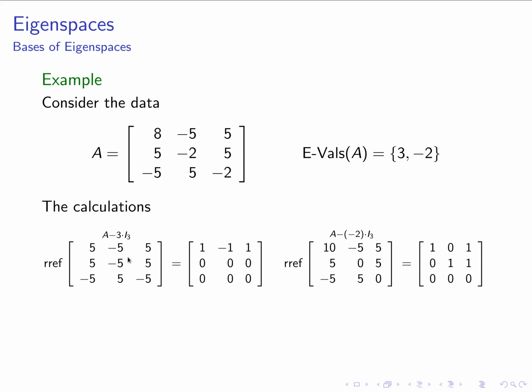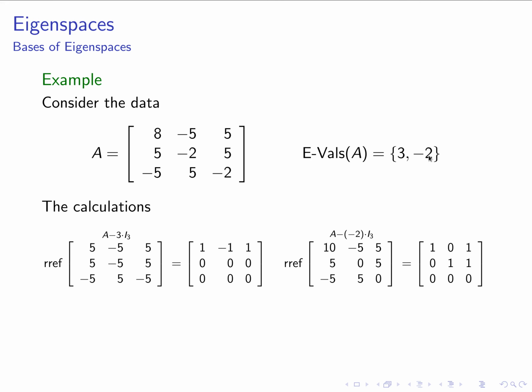So now we're looking at the null space of this difference matrix, and we can find a basis by looking at its reduced row echelon form. Here what we're finding is this difference matrix has rank 1, and the second column is -1 times the first, and the third column is equal to the first column. So in the reduced row echelon form, the first row is 1, -1, 1, and every other row is equal to 0.